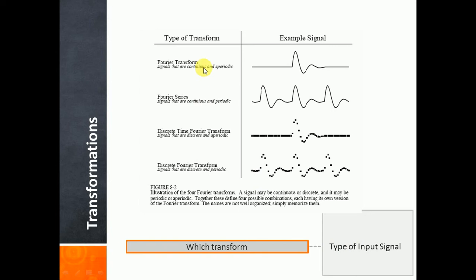Now, there are 4 types. There is the Fourier transform, the Fourier series, discrete time Fourier transform, and the discrete Fourier transform.